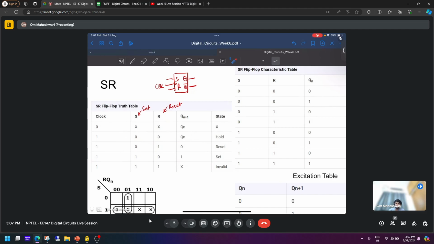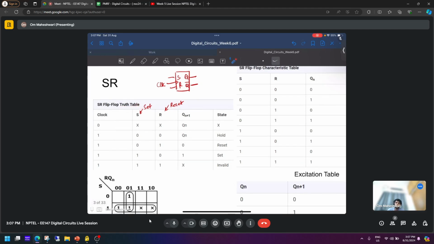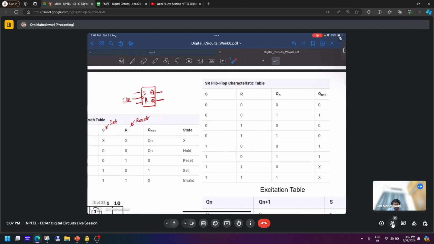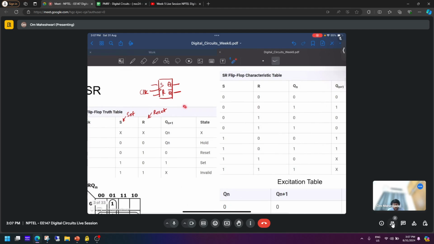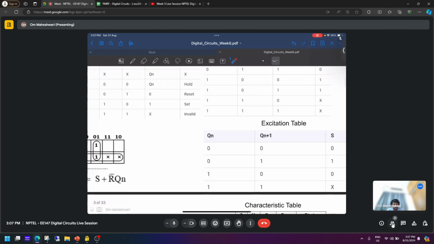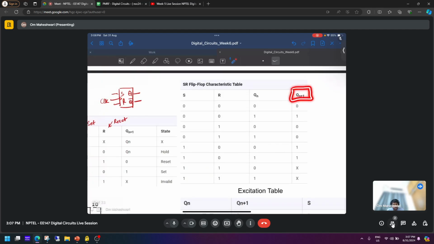So this is the truth table of the SR flip-flop. Next, if we talk about the flip-flop characteristics table, what is a characteristics table? Same as the truth table, but here we write the next output in terms of the previous cycle output as well.